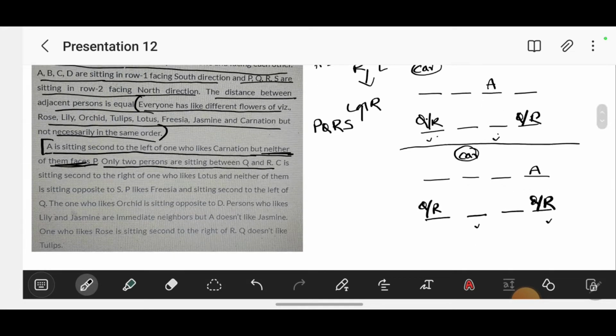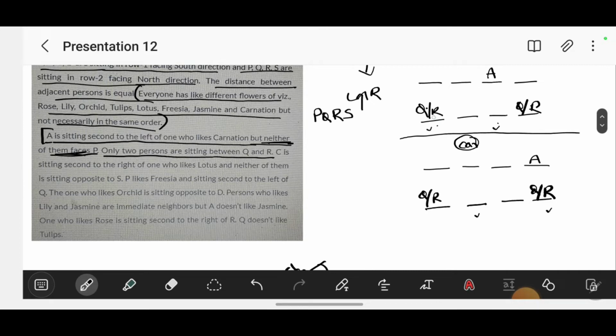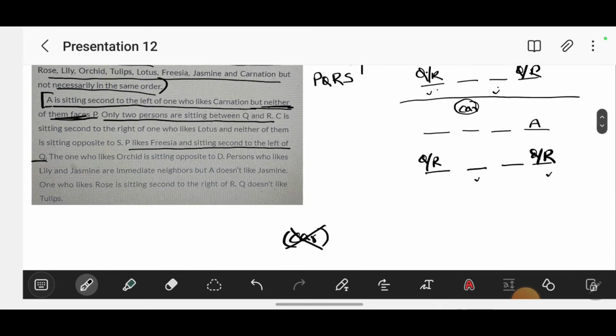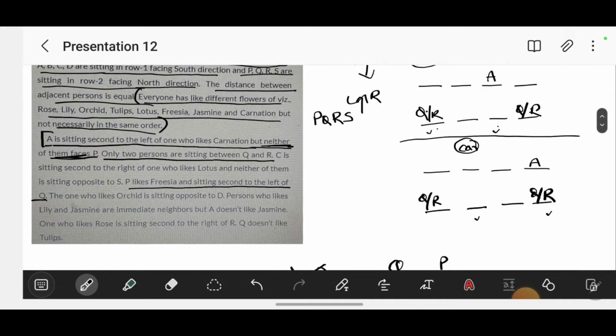Next, search for the information about Q or R so that we know where Q is present and where R is present. If you see here, P likes freesia and sits second to the left of Q. If Q is here, then P should not be placed in the second to the left.